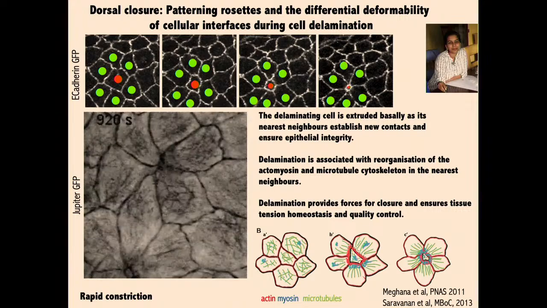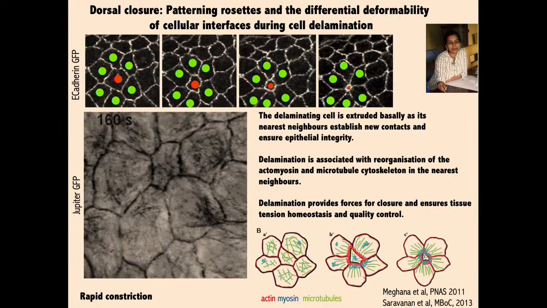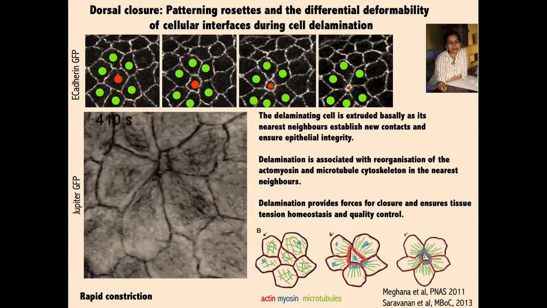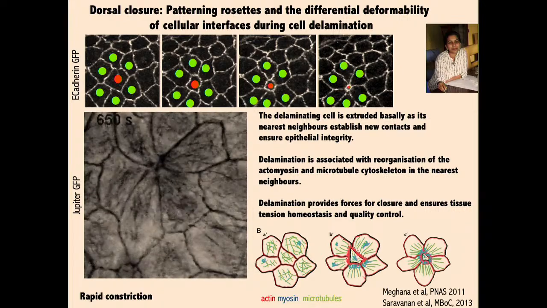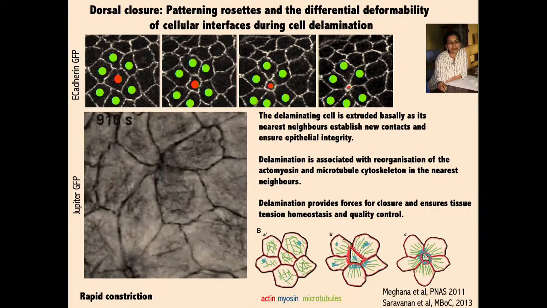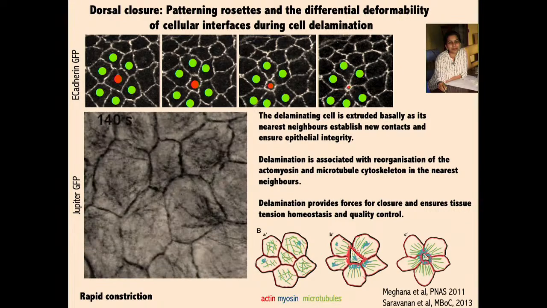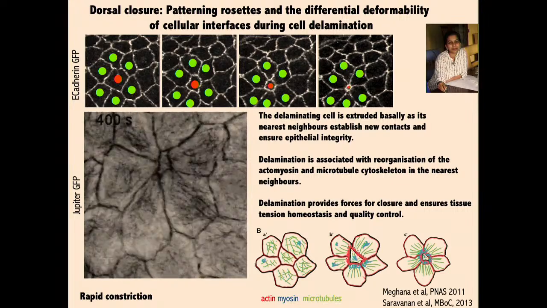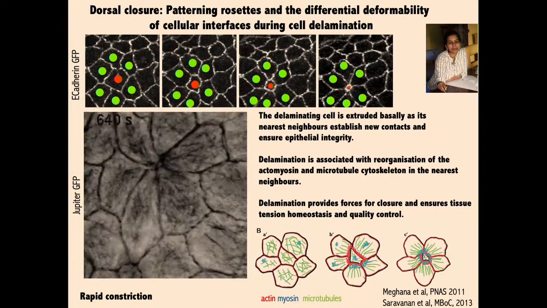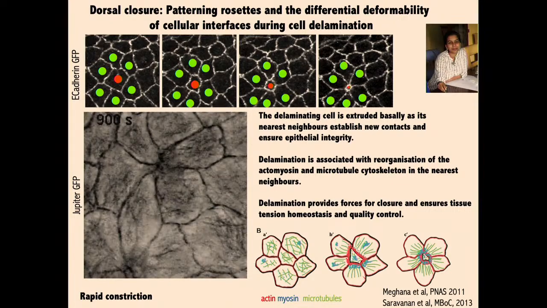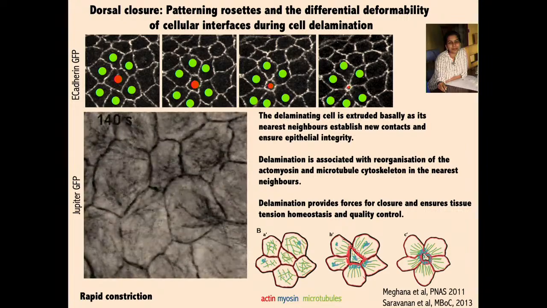And what you'll see here is that this rosette emerges, this pattern emerges through the constriction of this central cell and shape transformations in its nearest neighbors that have a long axis perpendicular to their interface with this central cell.